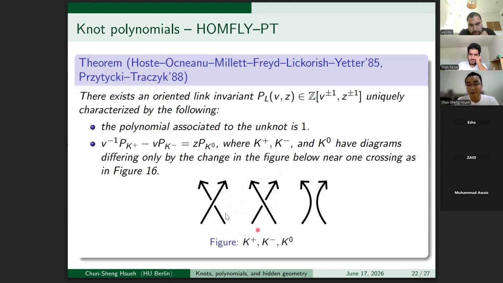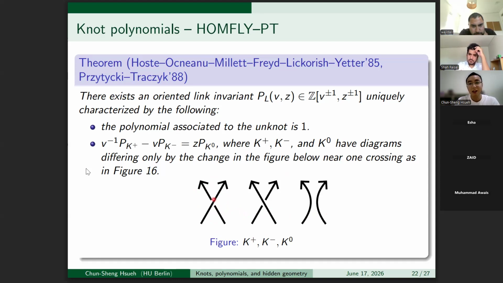If I change this locally to this one or this one, now I have three diagrams that all differ only at this one crossing. We have these three versions, and we call them the plus, the minus, and the zero diagram.